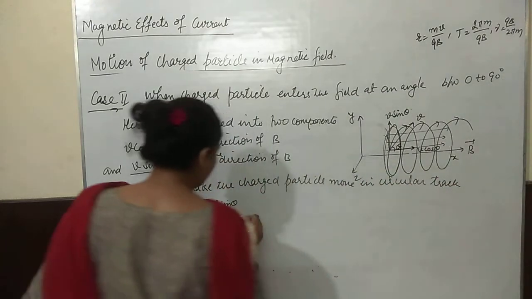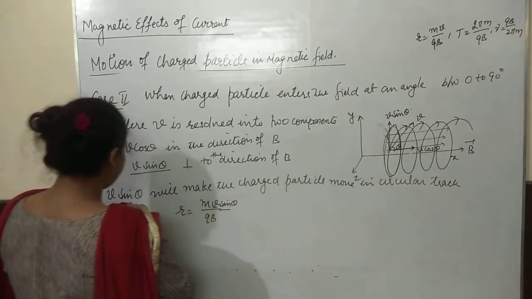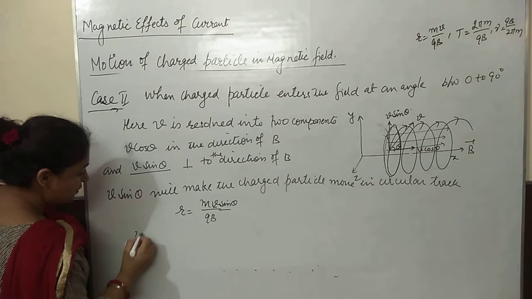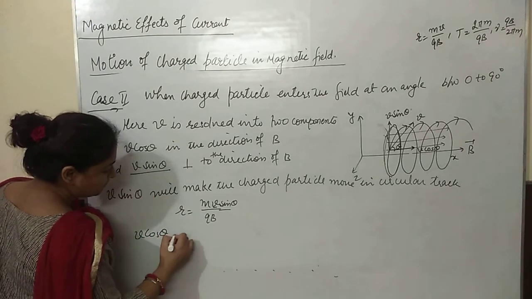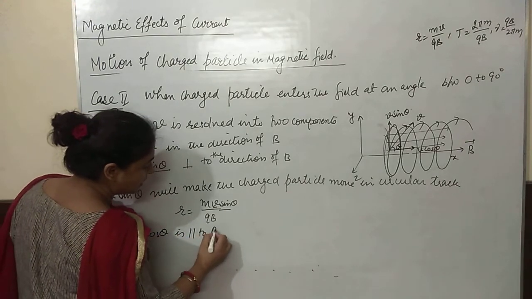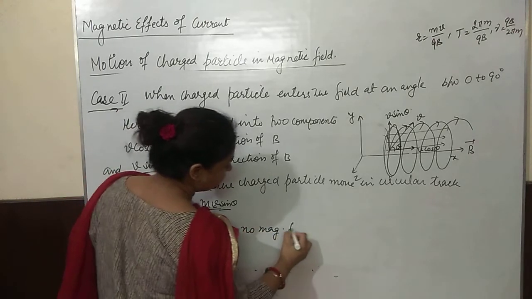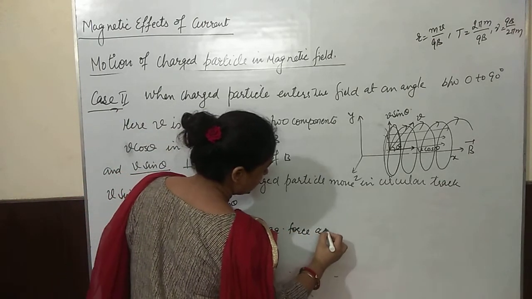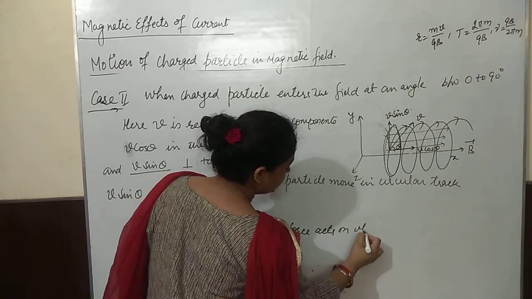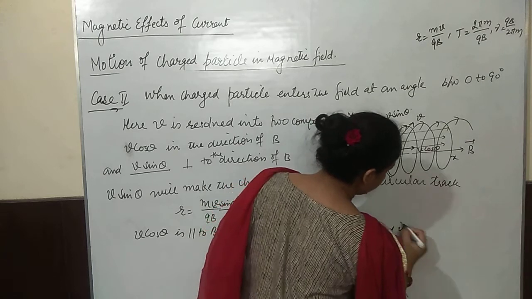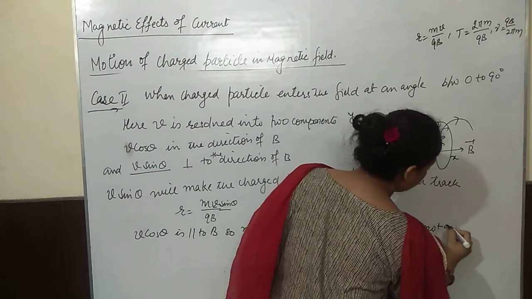So here we can write, V sin theta will make the charged particle move in a circular track. V cos theta is parallel to the magnetic field. So no magnetic force acts on it and it is not affected.